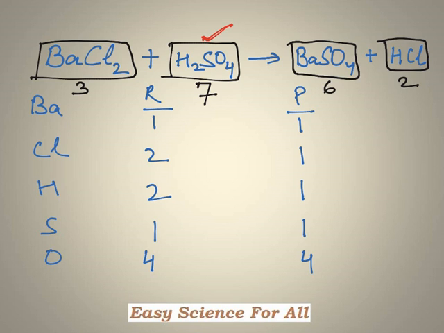Now, inside this box, choose that atom which is contributing maximum number of atoms. In this case, it is oxygen. But from the listing, we can say that it already has equal number of atoms. Here the number of atoms are 4 and here also it is 4.